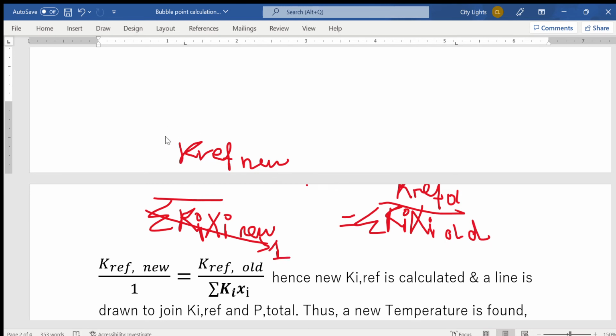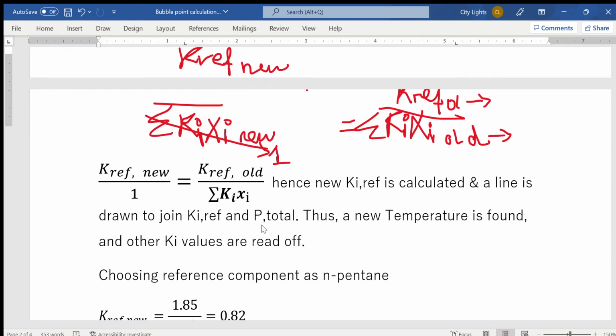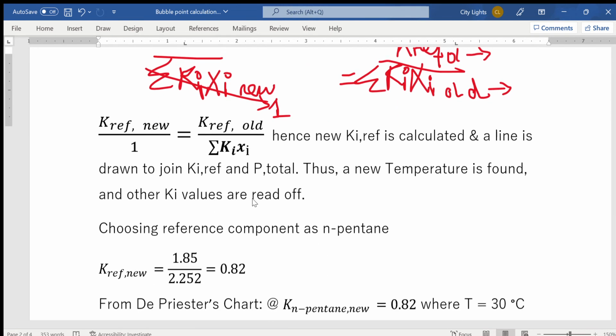So this is how I get the new k reference value. I calculate the new k reference value because this value over here is given. I just read it off the charts. This value is the product, and this value is 1. And as we see, the k reference value is 1.85. This is something we calculated.